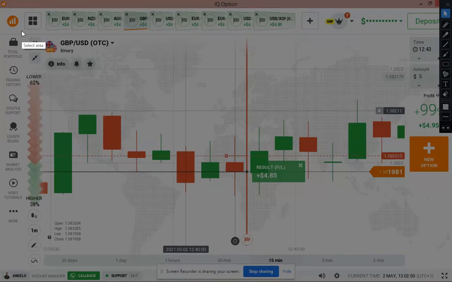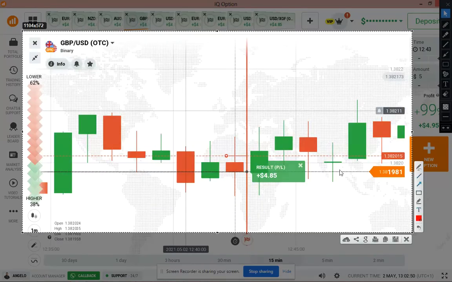Definitely very simple analysis. Sellers' entry from this level, sellers' movement, sellers' entry, rejection from sellers. So this is a minor trend. Minor trend, rejection from sellers. So the next candle here is supposed to be bearish.